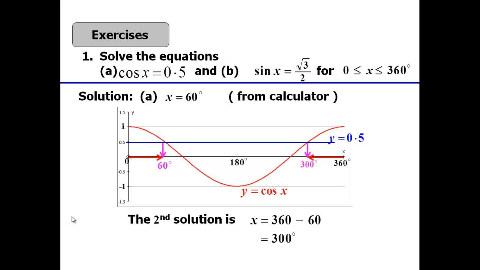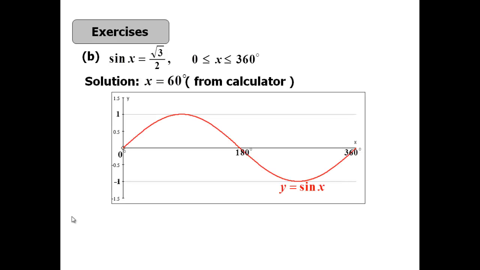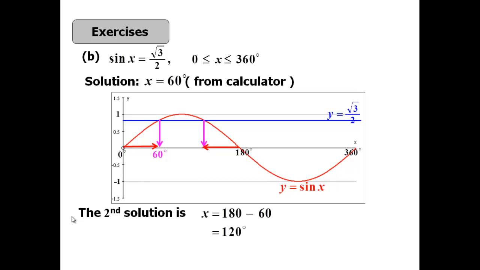No need to look at the period of the graph and add 360 or subtract. For this sine, we get 60 degrees, and remember with sine it's 180 minus, so our second value is 120. And again, because it's only between 0 and 360, we don't need to look for any further values.